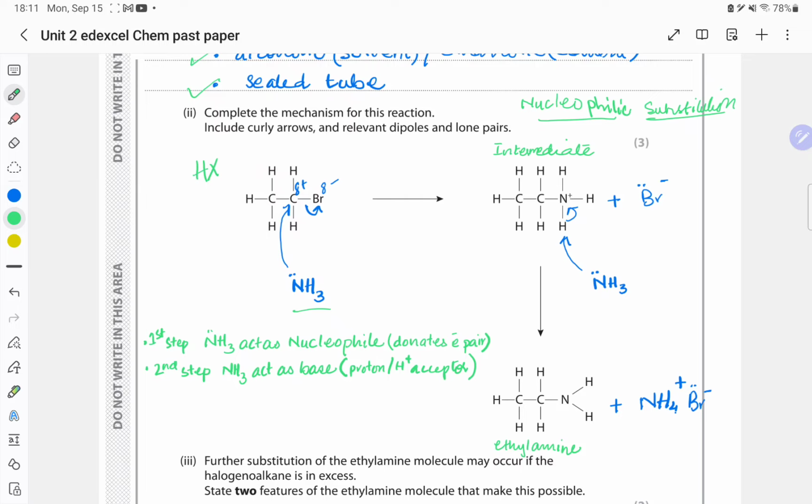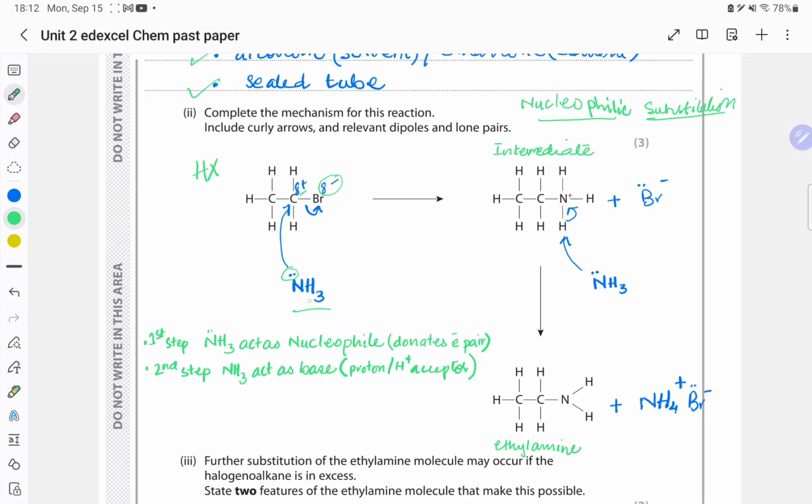Ammonia is acting as a nucleophile, because it has a lone pair of electrons. You can see the carbon has a partial positive charge, a partial positive dipole, and bromine, being more electronegative, becomes partial negative because it has attracted the electrons of carbon toward itself.